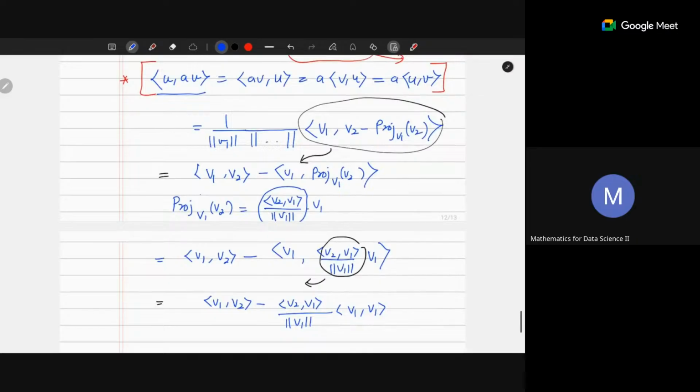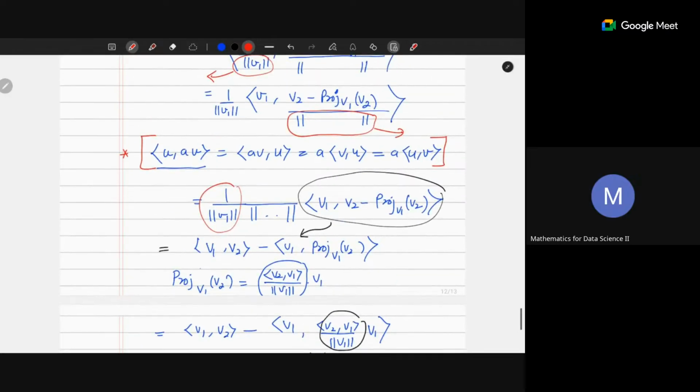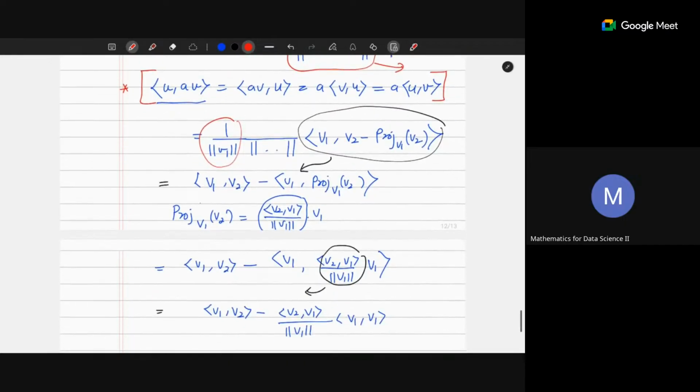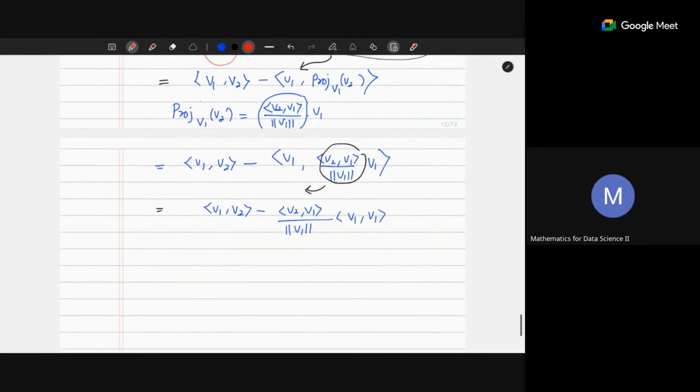Now we notice that earlier we have removed this 1 over norm of v term from the expression. You can take this term inside, and instead of taking it in the first coordinate, you can take it in the second coordinate. I will update this in the notes.